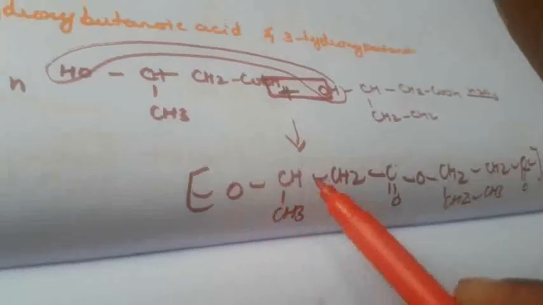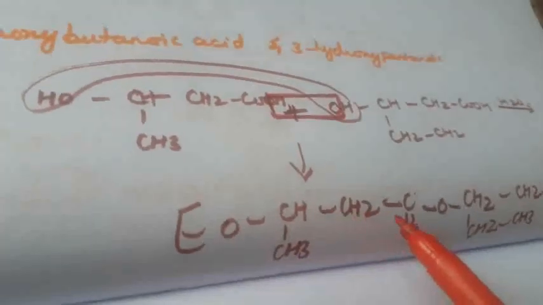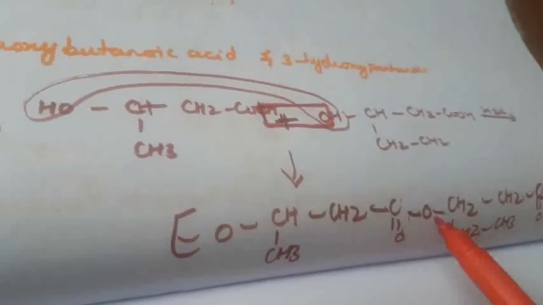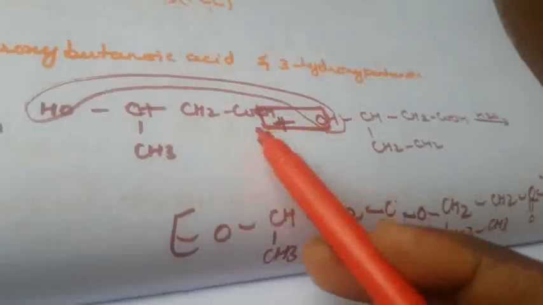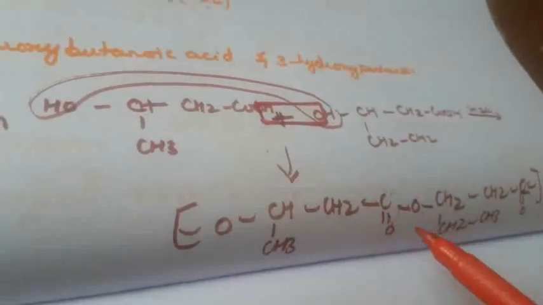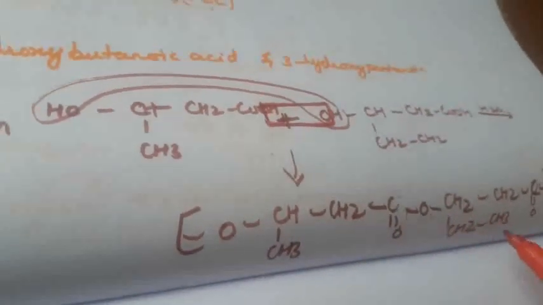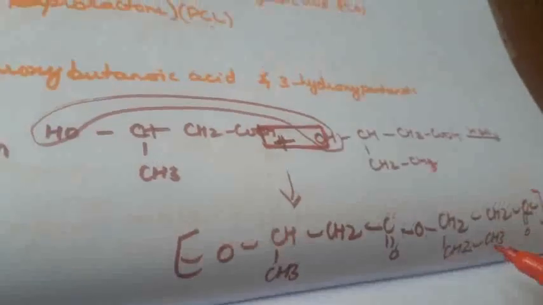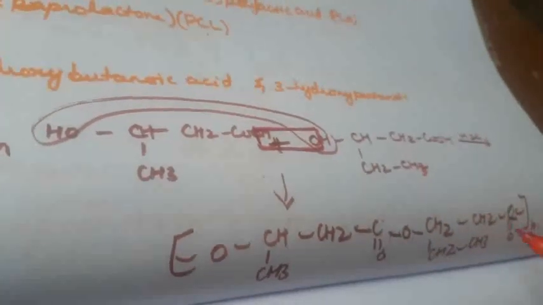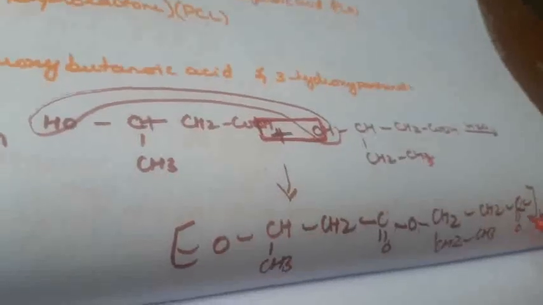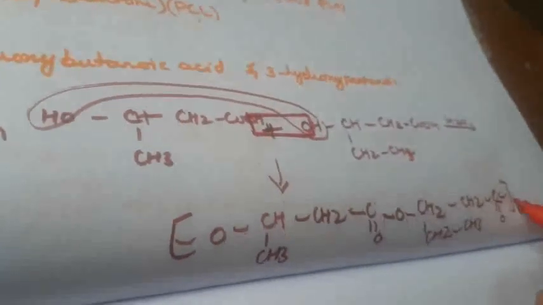Again on that side also one H2O molecule will be removed. So that is CH, CH3, CH2, then C double bond O, then O. That is COO. Here the C double bond O, another O is there. So that is CH2, CH2, CH3. Right? This is CH3. Then CH2, COOH. This is also C double bond O. Again another O will be there.